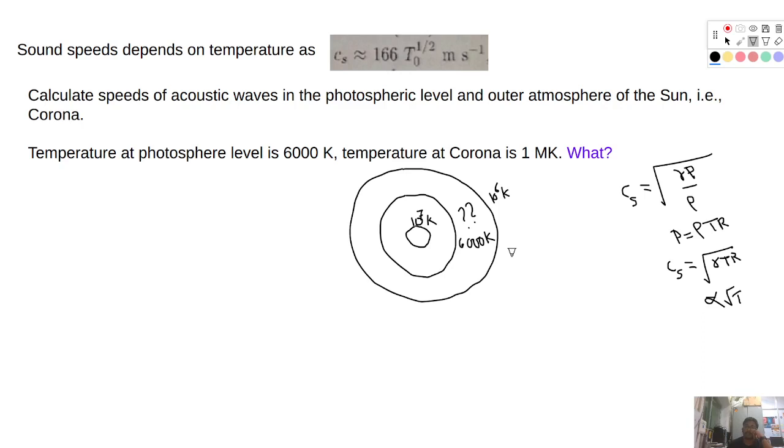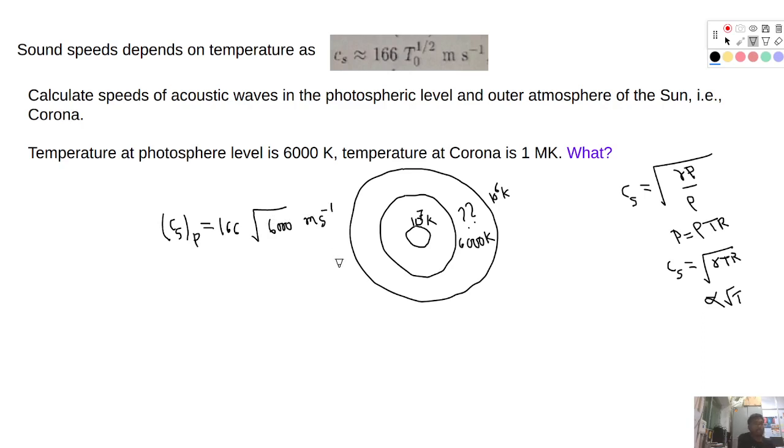Now, let us assume that these values are correct, and with this we can find out the acoustic speeds. So now we have to calculate it, right? Let's say Cs at the photosphere will be 166 times root over 6000 meter per second.